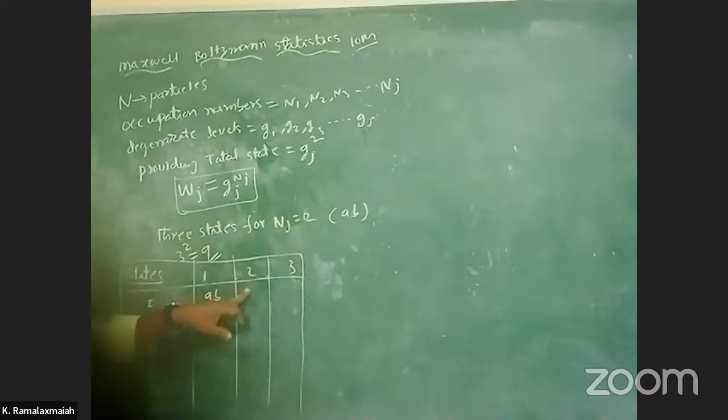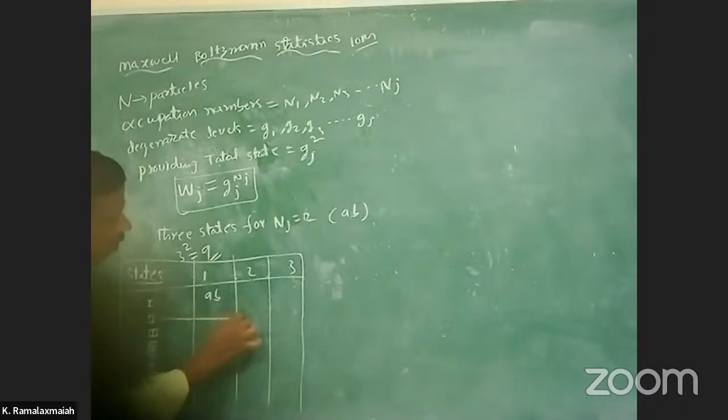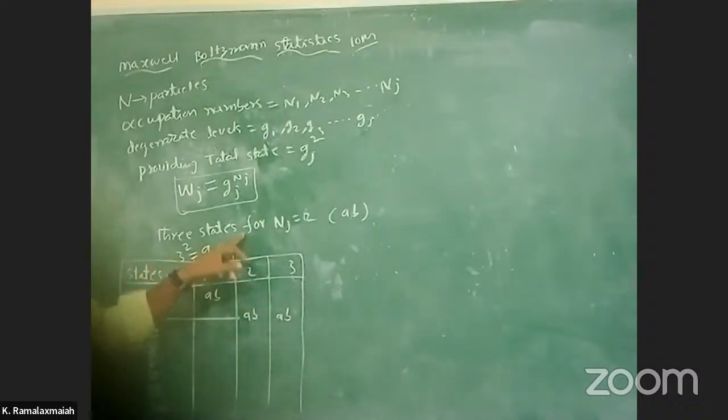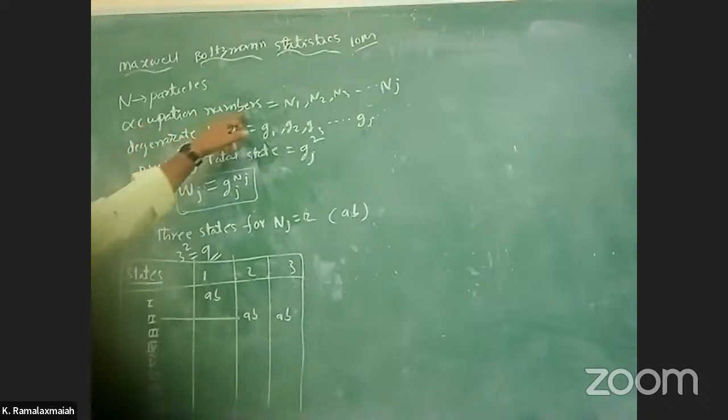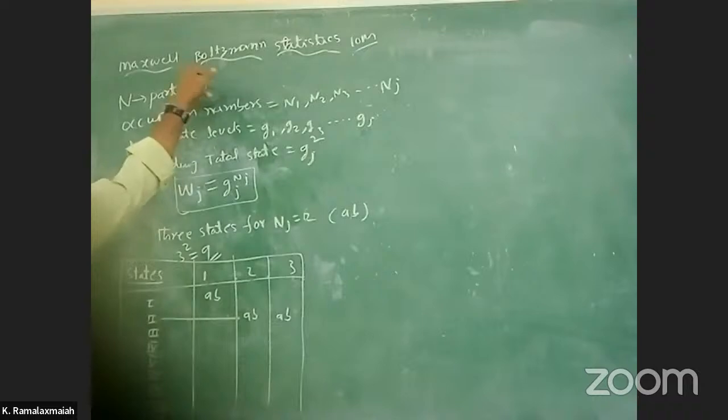First state value 2, second state value 2. We write the second state: here A B and here A B. Next, we take only the occupation numbers for the Maxwell-Boltzmann formula, which is only A.